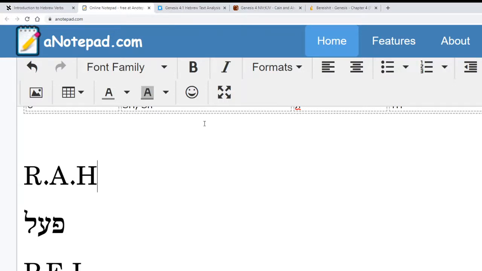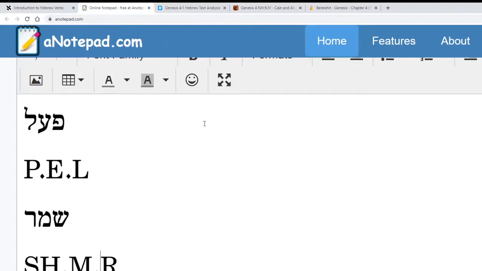Lirot. But even you'll see in the infinitive that hey turns into a t, right? And the root is resh aleph hey, but it turns into a tav at the end of the word.